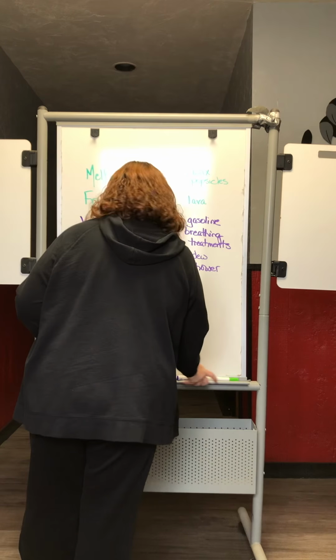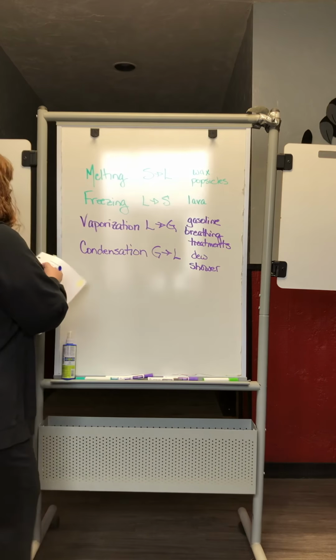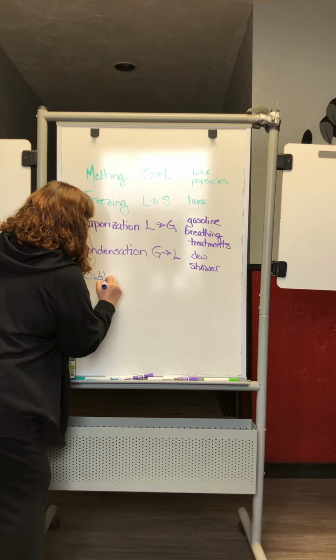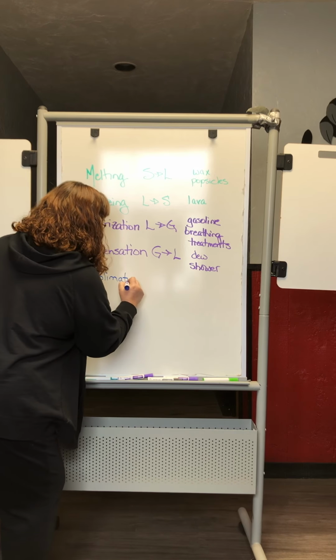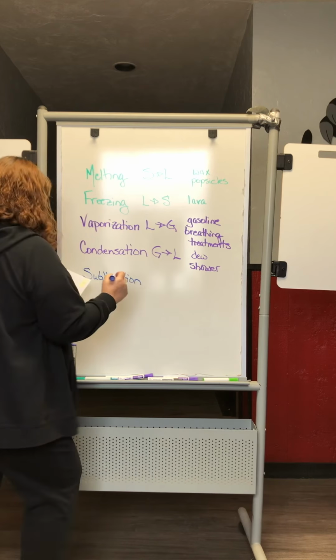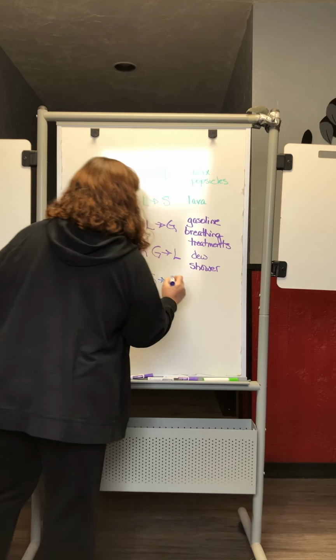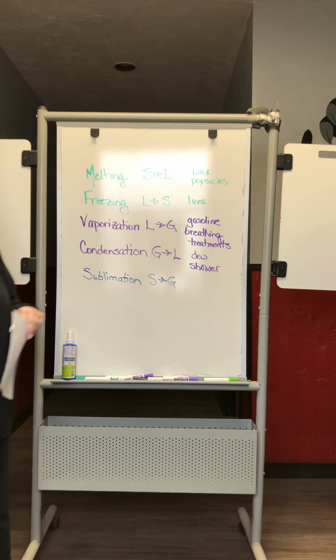And then our last one here. Sublimation is when a substance goes from a solid directly to a gas, and it does not go to the liquid state in between.